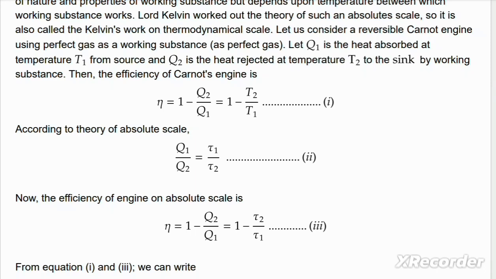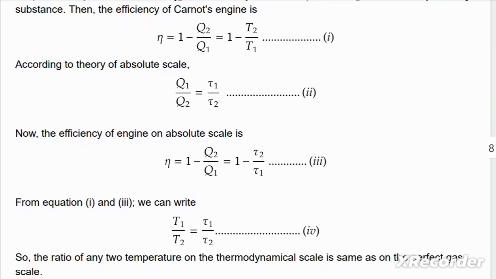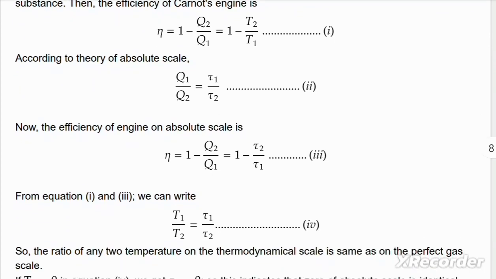As a perfect gas, let Q1 be the heat absorbed at temperature T1 from the source and Q2 the heat rejected at temperature T2 to the sink by the working substance. Then the efficiency of the Carnot engine is eta equal to 1 minus Q2 divided by Q1 equal to 1 minus T2 divided by T1. That is equation first. According to the theory of the absolute scale, Q1 divided by Q2 equal to tau 1 divided by tau 2.